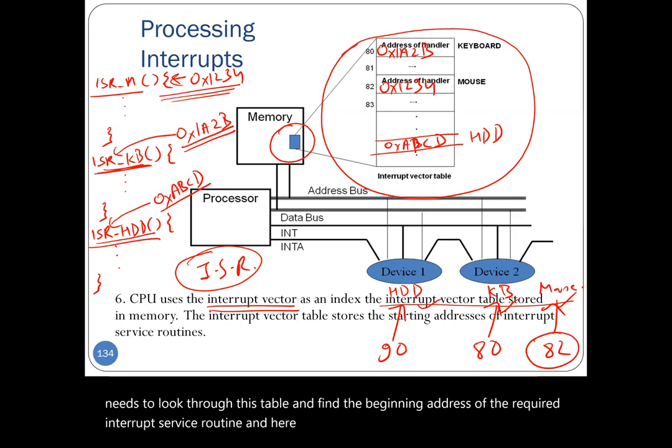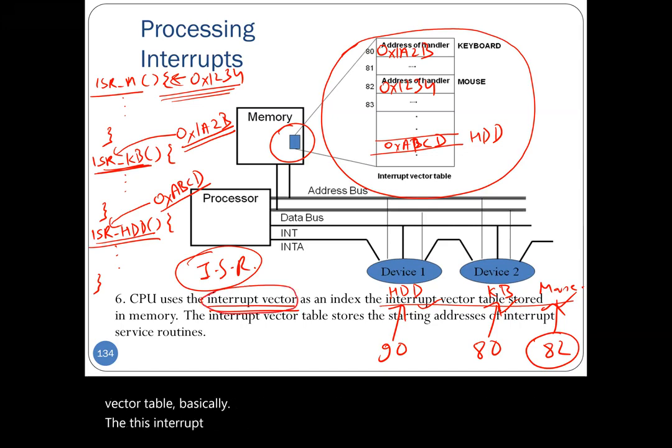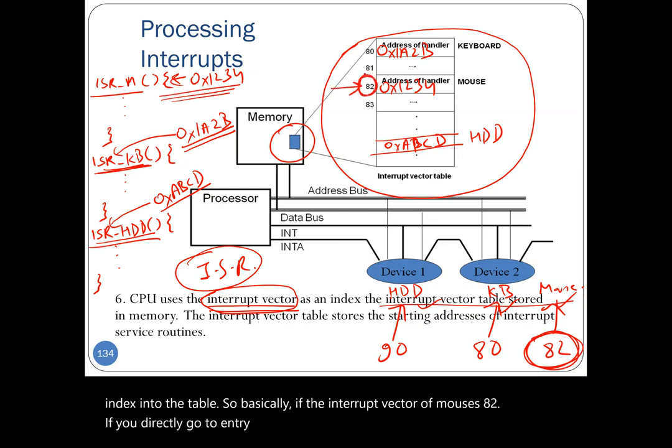The operating system doesn't really need to search through this entire interrupt vector table. Basically, the interrupt vector which the device had provided can be used to index into the table. So if the interrupt vector of the mouse is 82, if you directly go to entry number 82, you'll find the starting address of the mouse interrupt service routine.